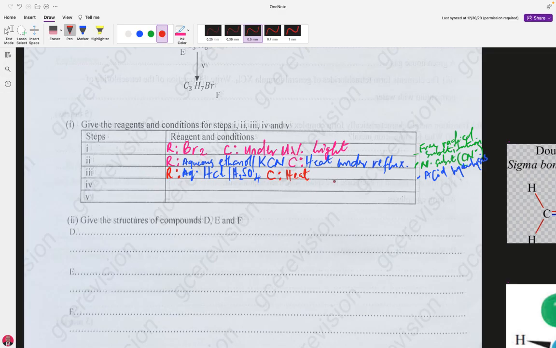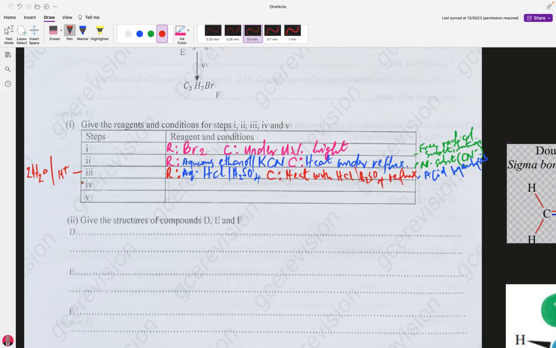So it is an acid hydrolysis. Another way of writing acid hydrolysis, you can say water is needed in the presence of an acid. That's the way they can write acid hydrolysis.